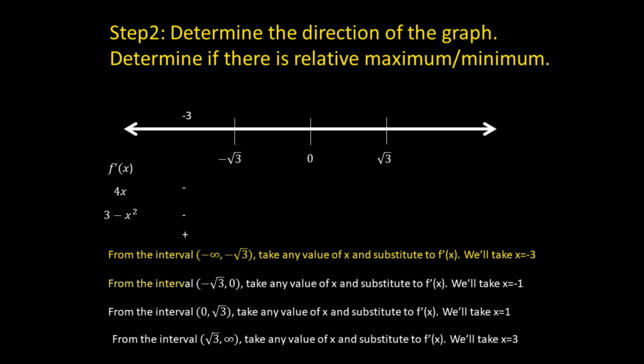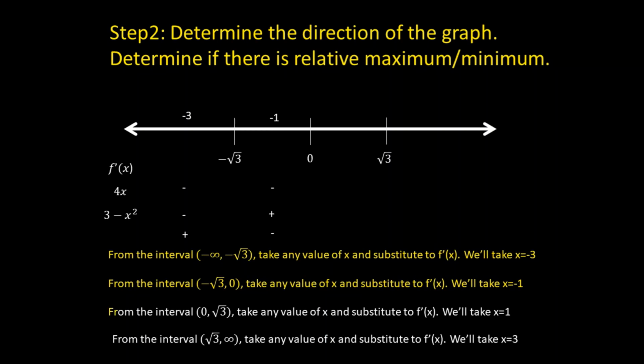From the interval negative square root of 3 to 0, take any value of x and substitute to f prime of x. We'll take x equal to negative 1. When x is equal to negative 1, the sign of 4x is also negative, and the sign of 3 minus x squared is positive. Negative multiplied by positive is equal to negative.